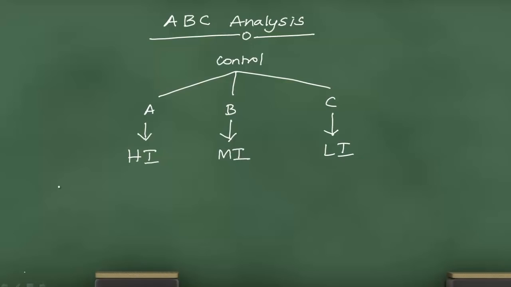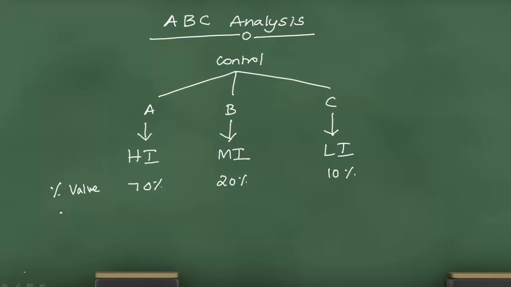If you see the value of the materials in percentage, let's say the highly important material constitutes 70% in value, moderately important materials constitute 20% in value, and least important materials constitute 10% in value.